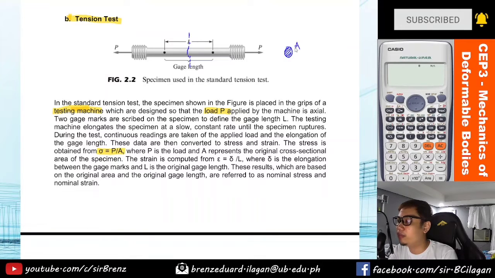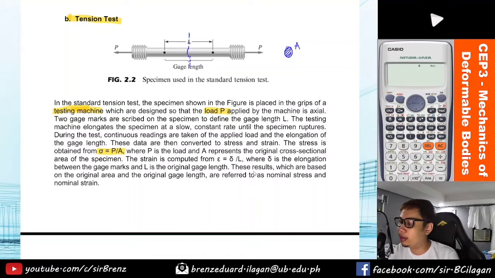Yan yung magre-represent sa area. And itong P, ito yung slowly na force na ina-apply mo sa iyong specimen para makuha yung value ng stress.